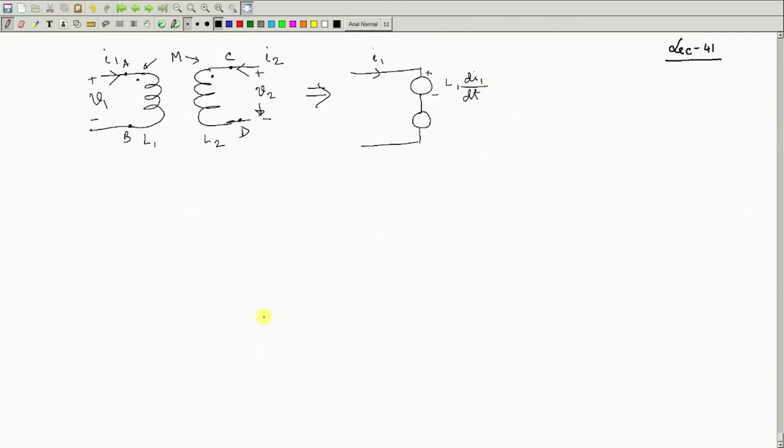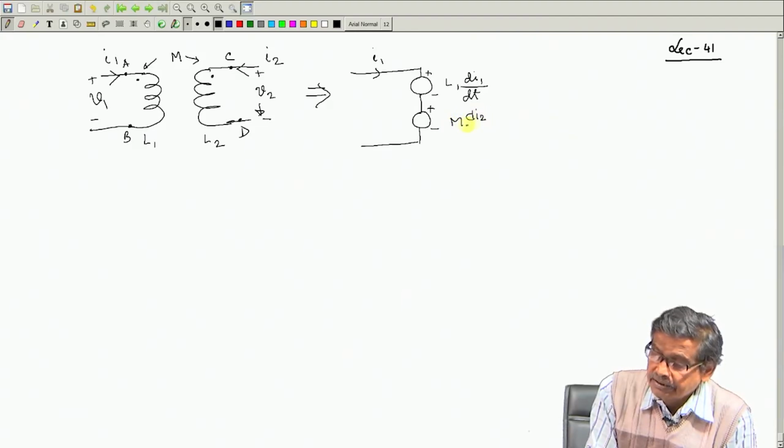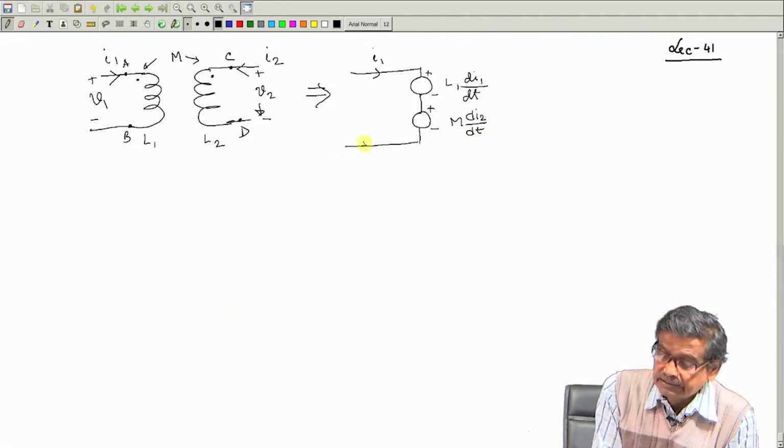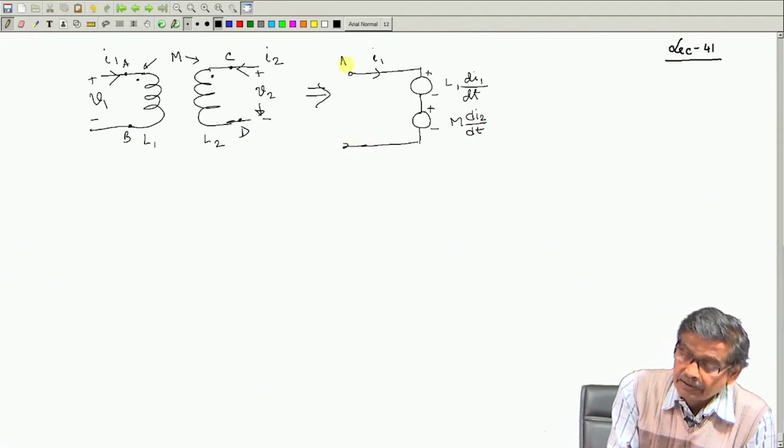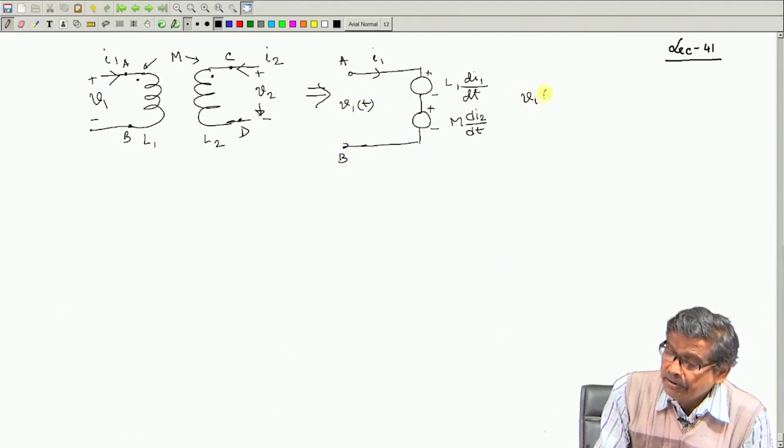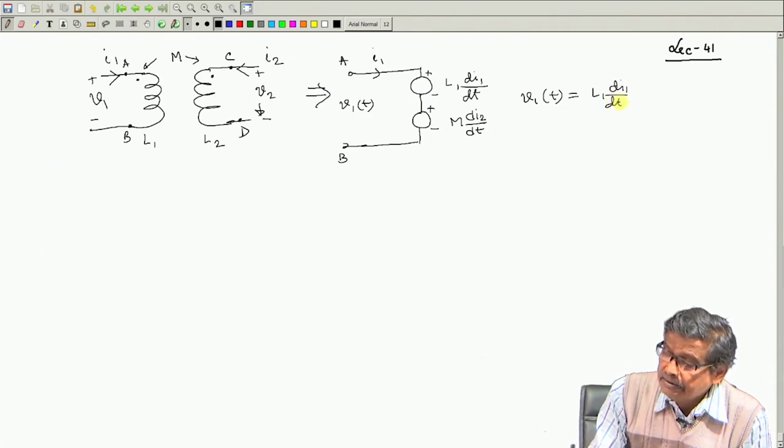And here there will be another EMF coming in, because the second coil is also carrying current, and if the current enters through the dot, then the polarity on the dot side will also be plus, and this will be M dI2/dt. This is the essence of it, across points A and B. So I write V1(t) = L1 dI1/dt + M dI2/dt, by KVL.